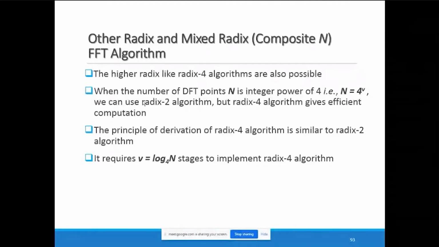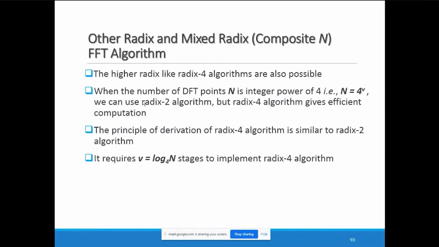The higher Radix like Radix 4 algorithms are also possible when the number of DFT points N is an integer power of 4, or we can say our equation is N is equal to 4 raised to v. We can use the Radix 2 algorithm and also the Radix 4 algorithm, but in that case the Radix 4 algorithm gives efficient computation.